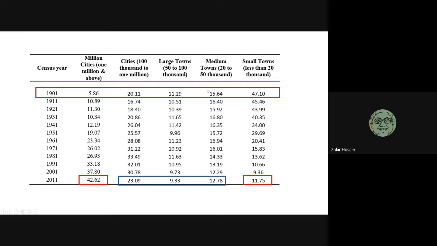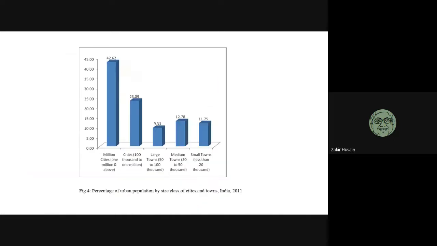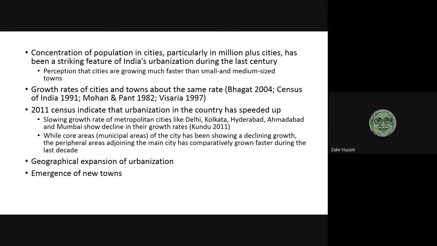This has actually come down. This is 50. This has also come down, 15 to 12. But if you look at the growth rate, we will see that they are roughly the same rate. Both cities and towns have been growing at the same rate. In fact, what we have seen in the last census is that growth in the metro cities is falling off. In fact, the growth rates are negative, a decline.